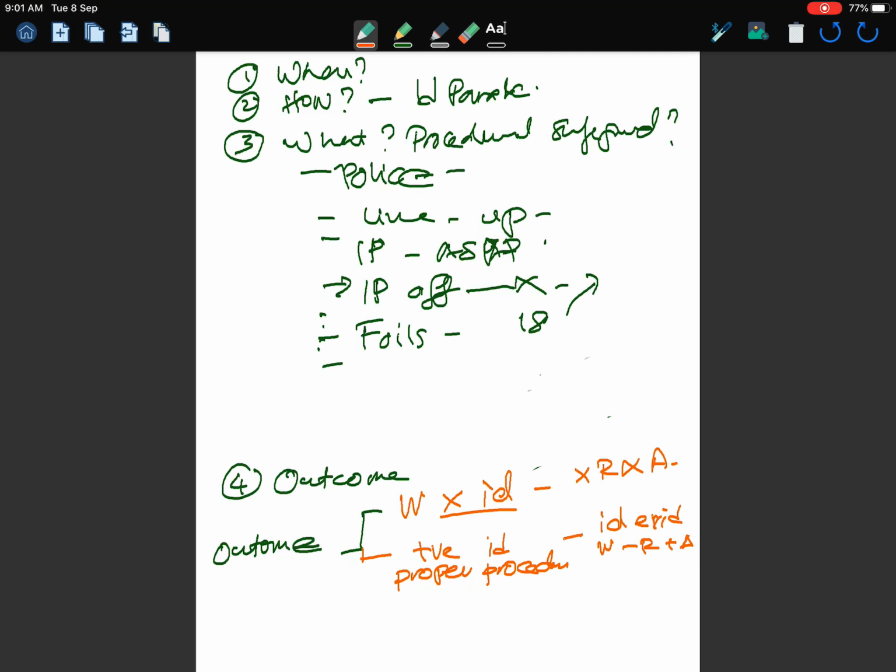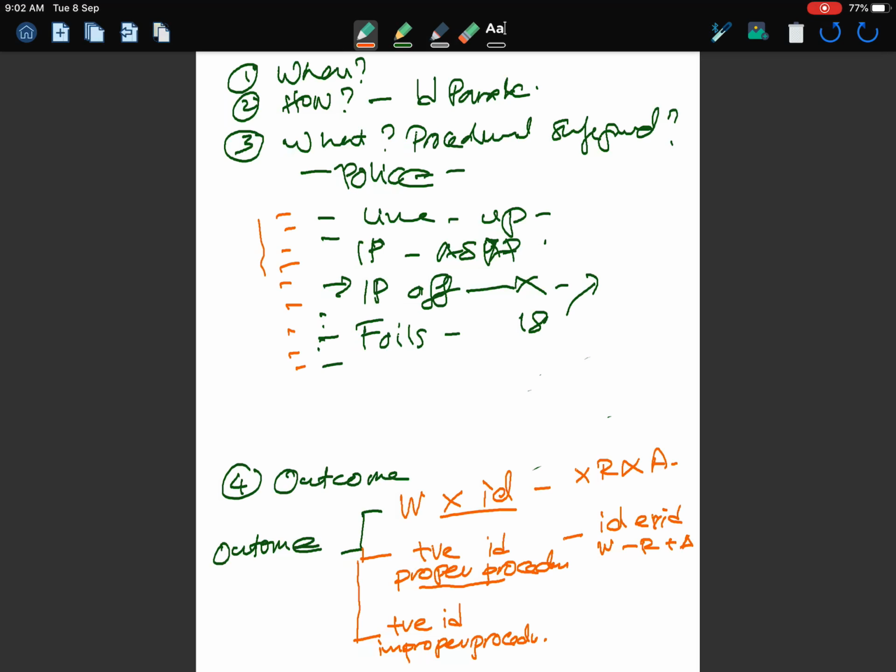You have to be very sure, be clear, because there will be another form of identification that we're going to look at. So the identification evidence at the identification parade is relevant and admissible. It was a positive identification. The procedure was proper.